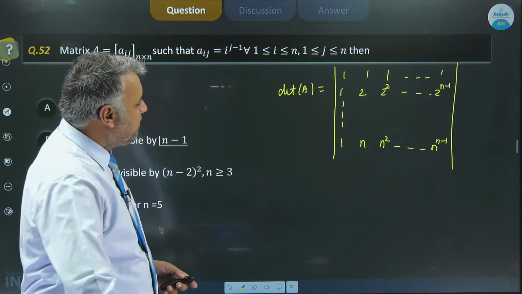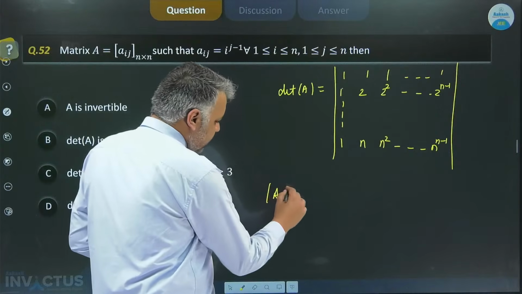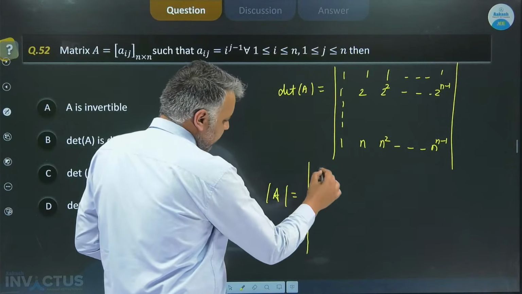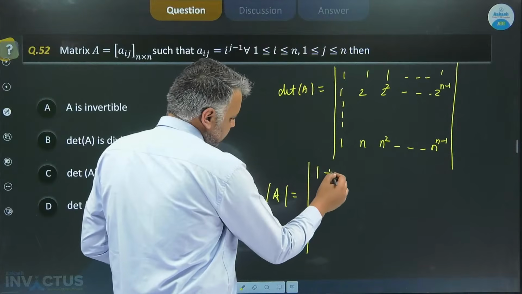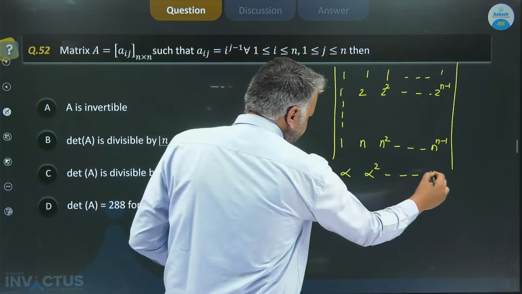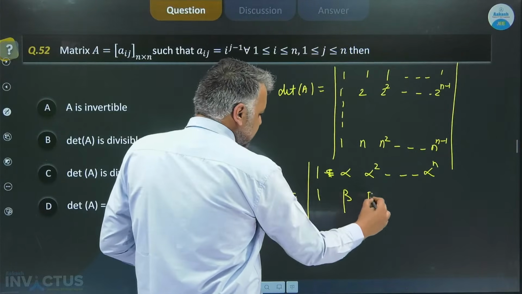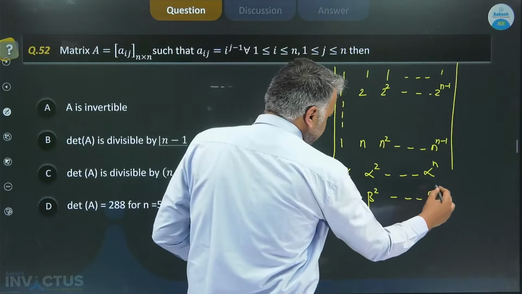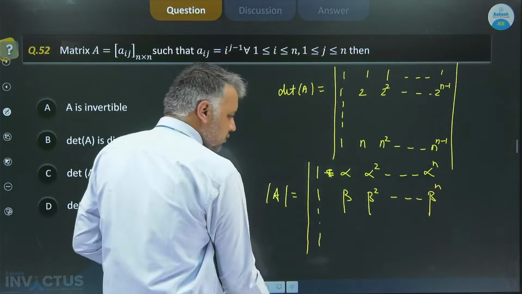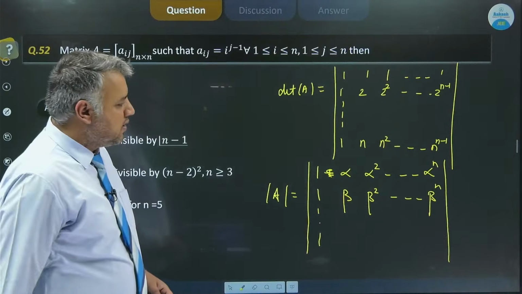Now if you have heard about such a determinant, 1 alpha, alpha square up to alpha power n, 1 beta, beta square up to beta power n, and so on, it is called Vandermonde's determinant.